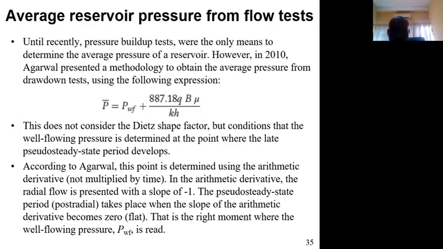The average reservoir pressure is equal to the flowing pressure plus the ratio of 887.18 times flowing rate times formation volume factor times the viscosity divided by the permeability-thickness product. Now, this equation doesn't consider the Dietz shape factor, but it stipulates that the condition that the well has been flowing into steady state, similar to the modified Muskat method, is very important.